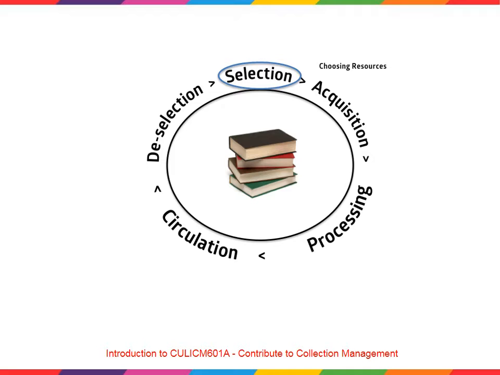The selection process should ideally be collaborative. It should involve as many stakeholders as it can, and it should in that way collect information from as many different perspectives as possible about the ideal choices for inclusion within our collection. Many public libraries will have means by which the users can put forward suggestions for inclusion within the collection.